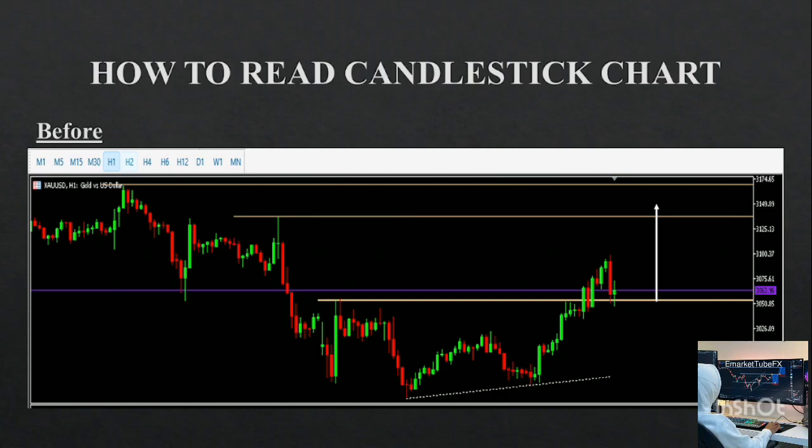So if you are thinking of continuing to buy that particular currency pair at that key level, you should think twice. There is a possible reversal because the buying momentum is down and the sellers are now in equilibrium.